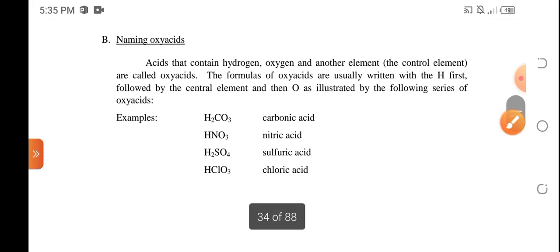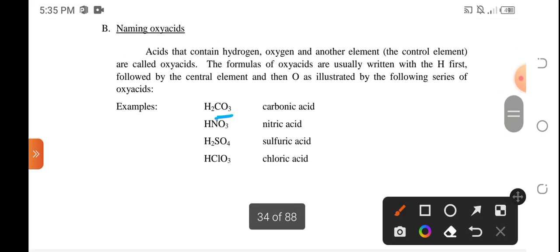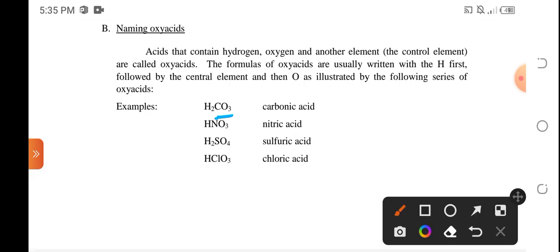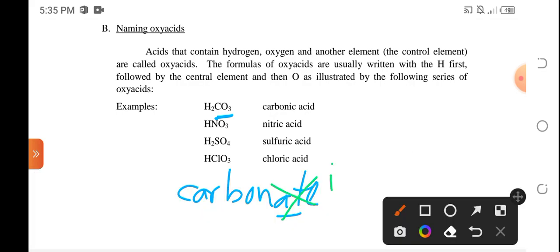Now, if the name of the anion ends with ATE, like this, carbonate, ATE naman this time. Okay? You remove the ATE, still replace it with IC and the word acid, but this time there's no more hydro before. Okay? So, yun yung pinagkaiba ng anion that ends with ATE and the anion ends with IDE.